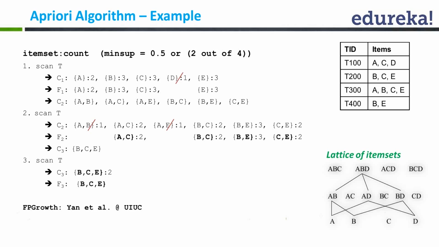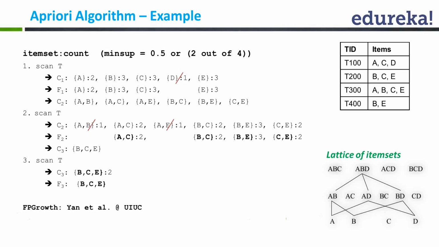So, if milk is not frequent, can bread and milk be frequent? That means if D occurs in 20% of the transactions, which is less than, let's say, our 50% minimum threshold, can adding more items to that item set, A and D, make the frequency more than 50%? No, right? It will still be less than D's percentage.